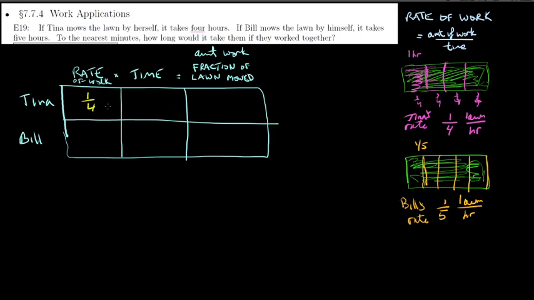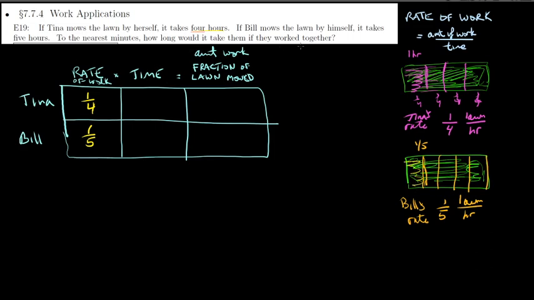We get 1/4 because it's 4 hours for the entire lawn, 1/4 of the lawn each hour, right? And Bill's rate of work was 1/5. So 1/5 of the lawn per hour. For each hour that goes by, Bill mows 1/5 of it, right?